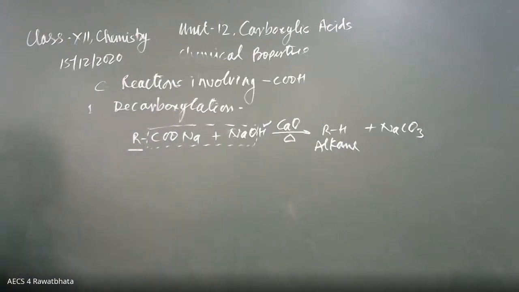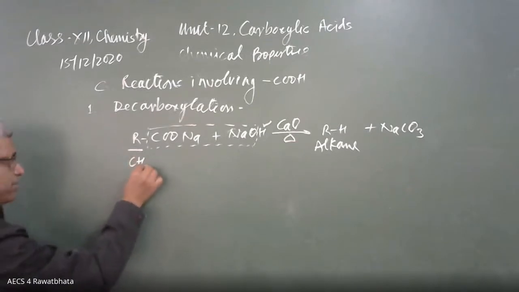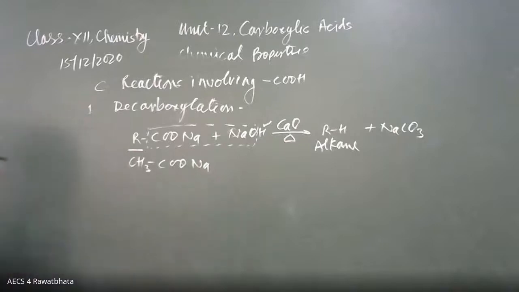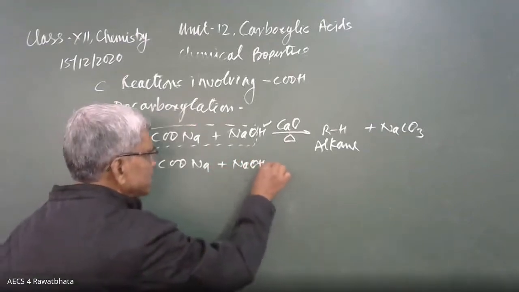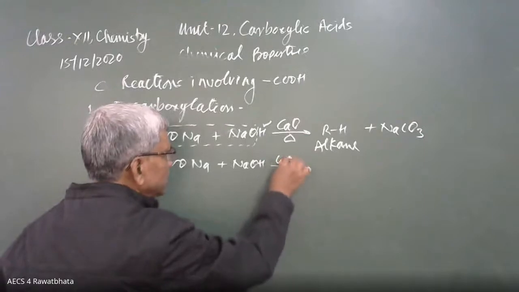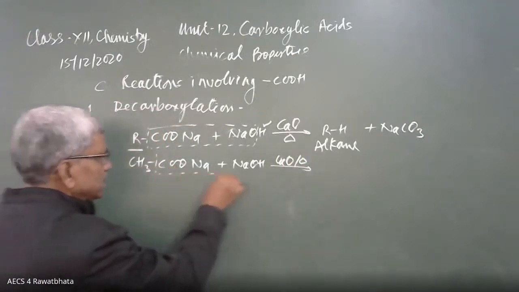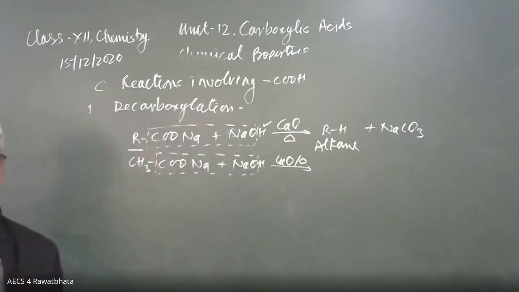This is the one called decarboxylation. I can write one specific example, CH3COONa, sodium acetate, sodium salt of acetic acid, plus NaOH in presence of CaO, calcium oxide, and heat.